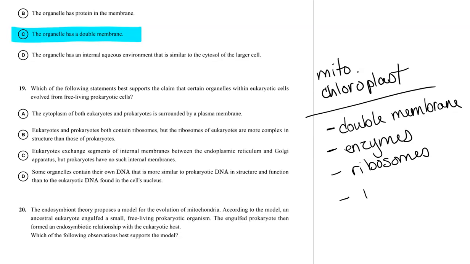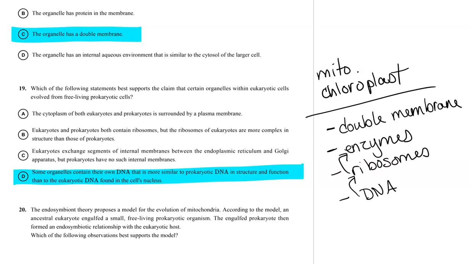And that means they have to have their own genetic material to give the code to the ribosomes to be able to make those enzymes. So D is our correct answer. The other feature of these, just to add to this, is that they can self-replicate.